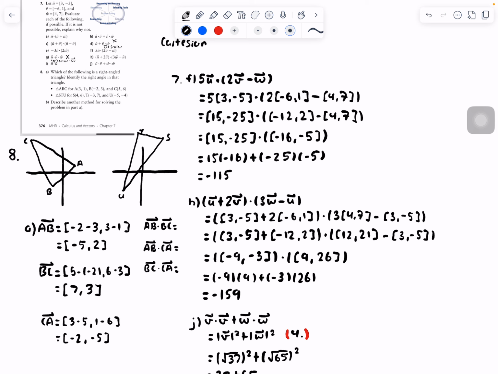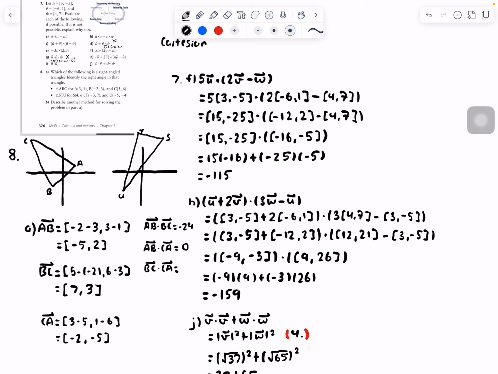Okay, so let's go through these. So we have negative 5 times 7 plus 2 times 3, negative 29. So that one's definitely not it. Just make sure to get it again. Yep. Negative 5 times negative 2 plus 2 times negative 5. And there's our match, AB dot CA.